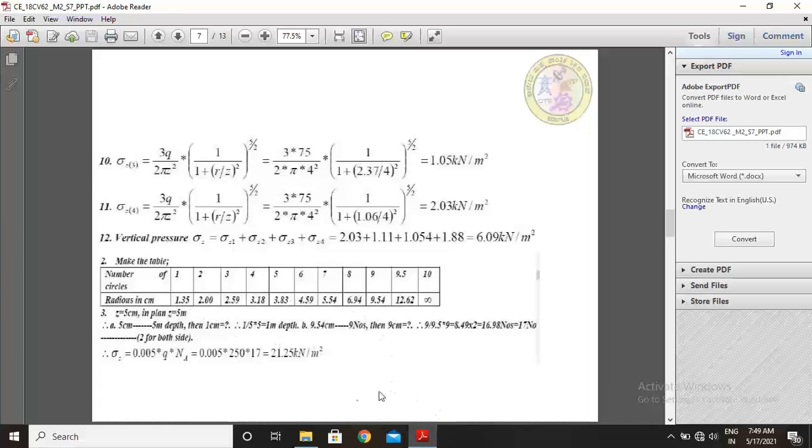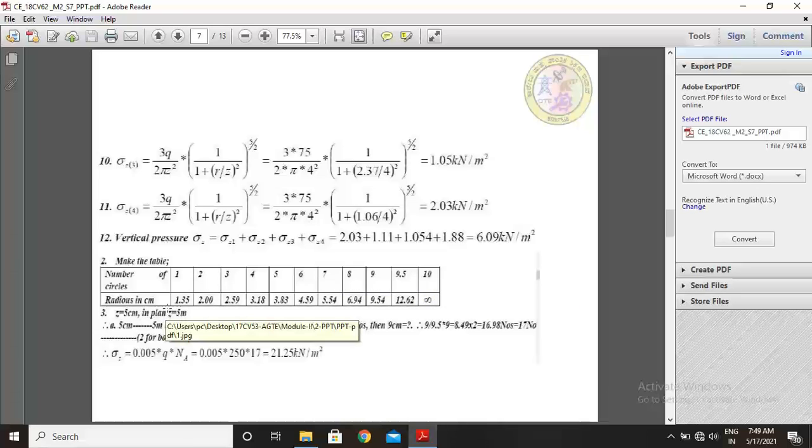Okay, next step, make the table for plotting the Newmark influence chart. In the table, the first row is the number of circles and the second is the radius in centimeters. The number of circles is 1, 2, 3, 4, 5, 6, 7, 8, 9, 9.5, 10.